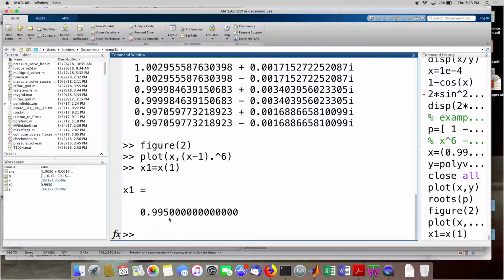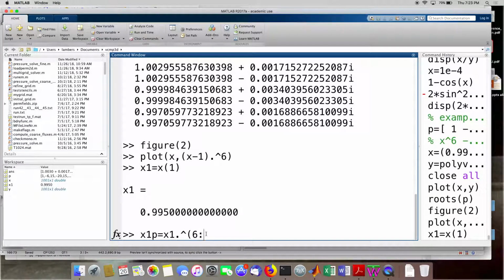Now I'm going to show you what happens when I substitute this into the polynomial on a term-by-term basis. Because if I just plug it into polyval, it'll just give me the final result, and that doesn't really tell us anything. So I need to raise this number to all the powers from 0 to 6. So x1 raised to powers is x1 dot exponent, and I need to go in reverse order from 6 all the way down to 0.